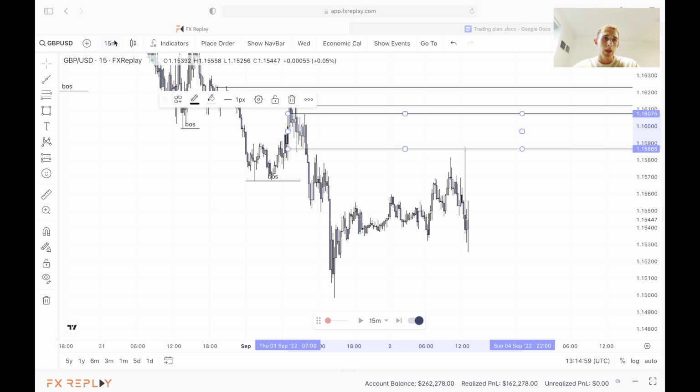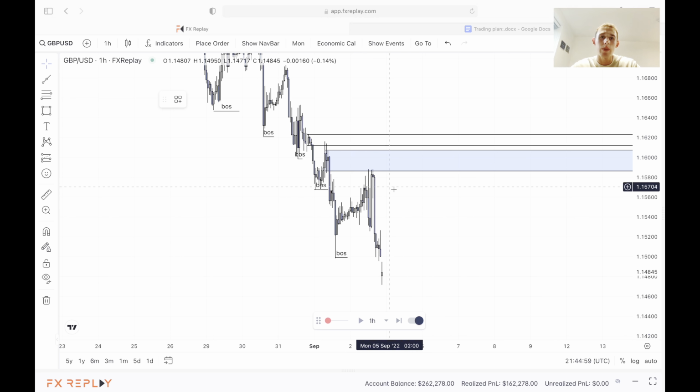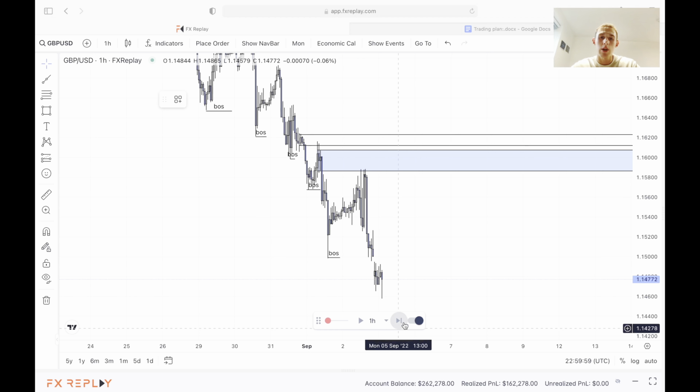Just marking that on. And we could see price come back up to this level. This supply here looks like an inducement to me. So if price comes back into this level, that would be a valid level still to look for the sells.